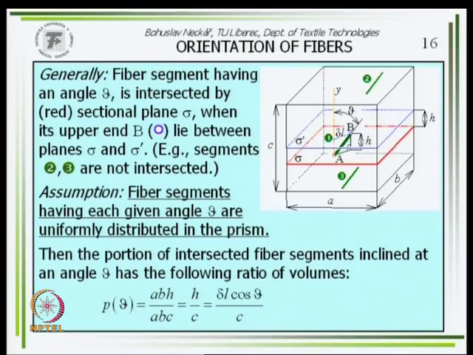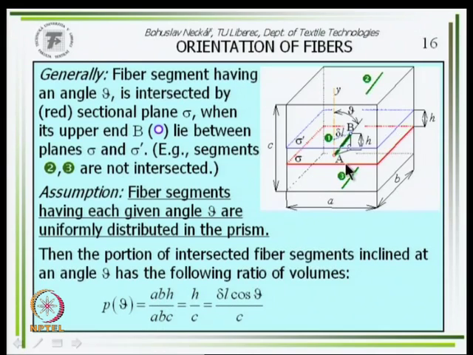Some other fibers having angle theta, like fiber number 2 or fiber number 3, will not be cut. They are either over or under our sectional plane. The question is, what is the probability that a fiber having angle theta will be cut?